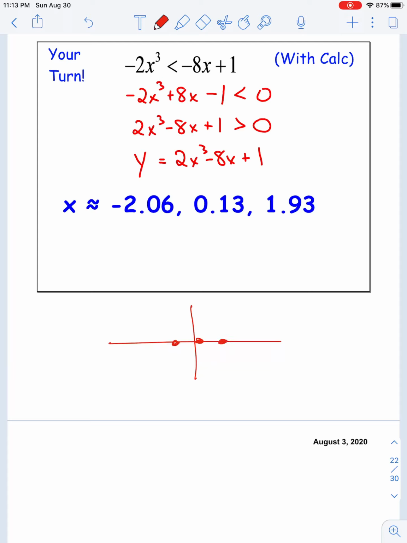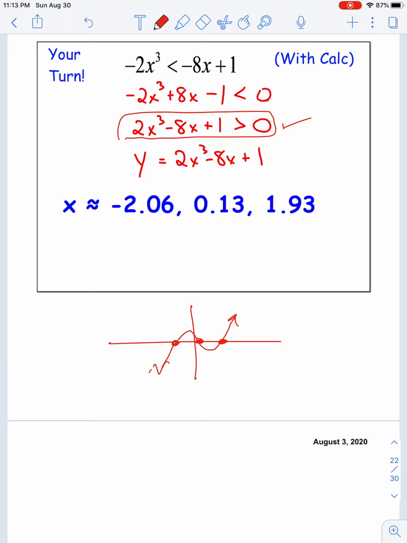And depending on if you use this right here, then it's going to look like this. And that's how you'll answer the question, because you're really answering the question when you set everything on one side, and then in this case greater than or equal to 0.